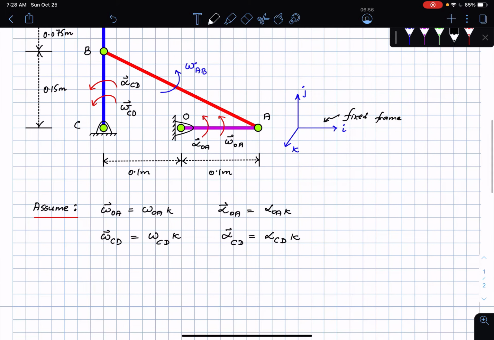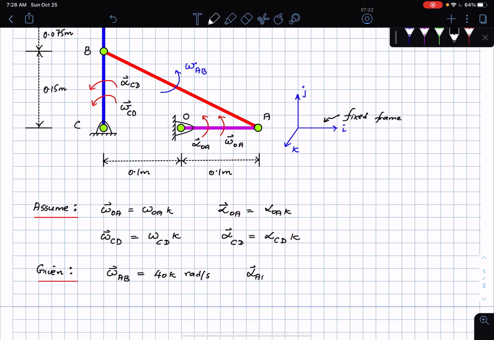Okay, and then information that is given to me, I know that omega AB is counterclockwise, as you can see from the curl of the arrow. Okay, so this is going to be 40 K radians per second.